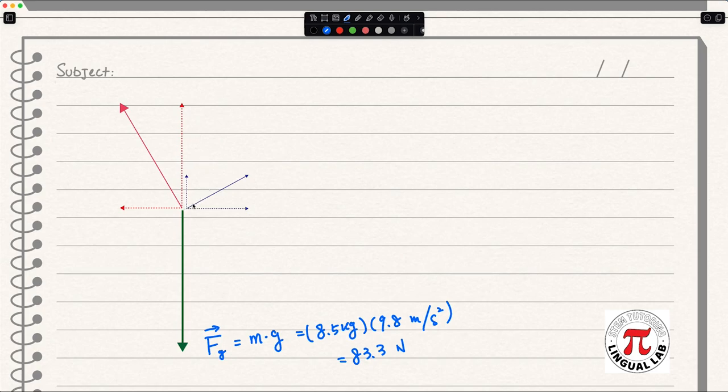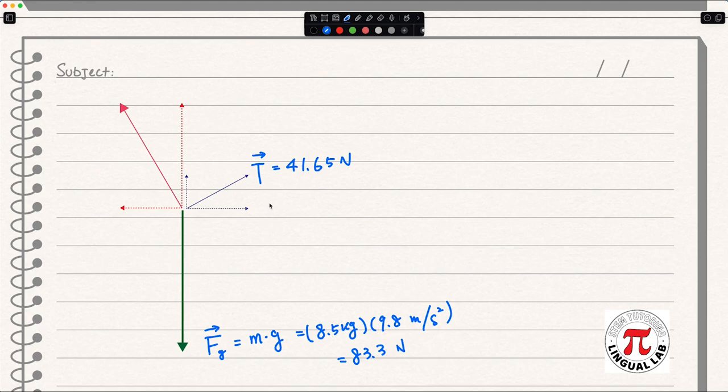And this force, we already calculated, will be the tension force. We have here 41.65 Newton.